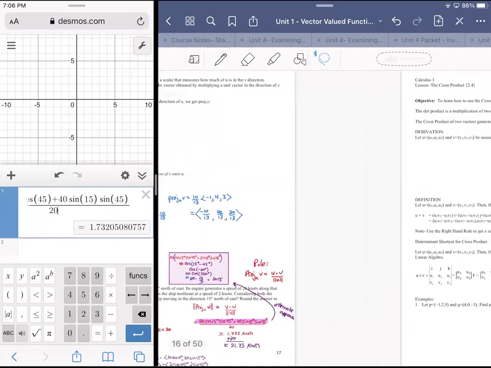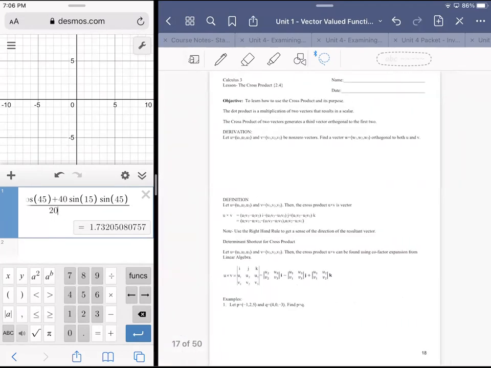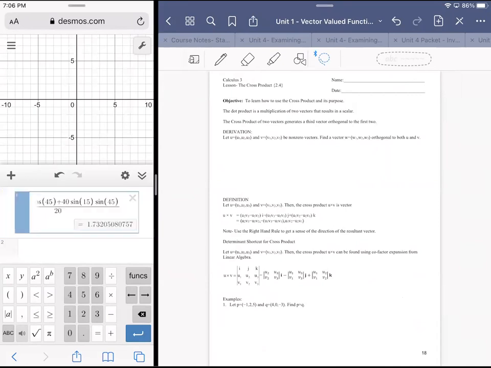Yeah. So the cross product. The cross product is when you have two vectors, you can generate a third vector that's orthogonal to those two vectors. And that's what we're looking at here. It's computationally not difficult.